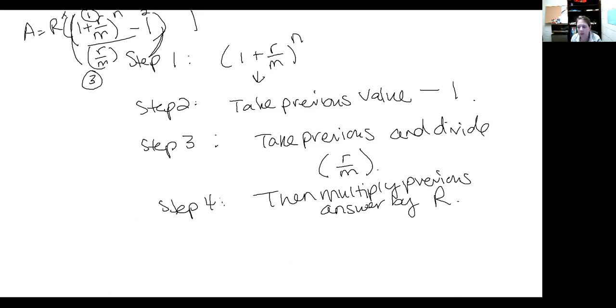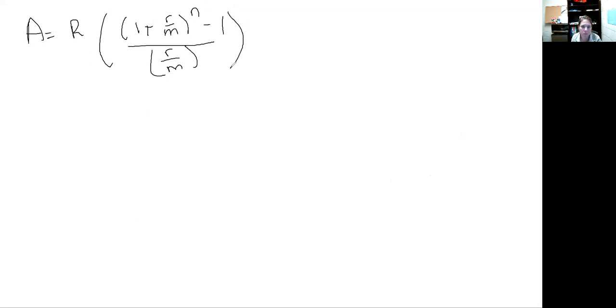All right, so let's look at an example here. I'm going to write the formula up here again. All right. So let's say we want to find the amount, the value of each ordinary annuity at the end of an indicated time period.